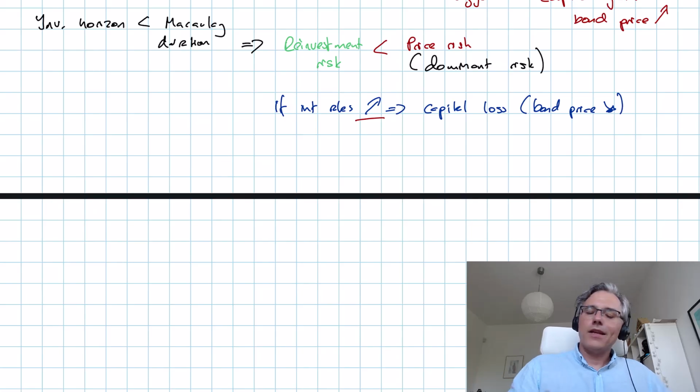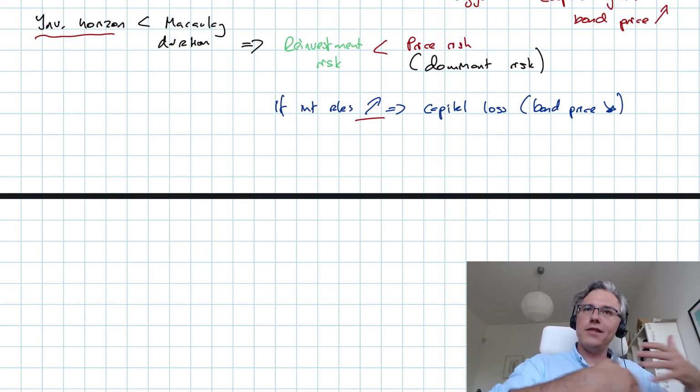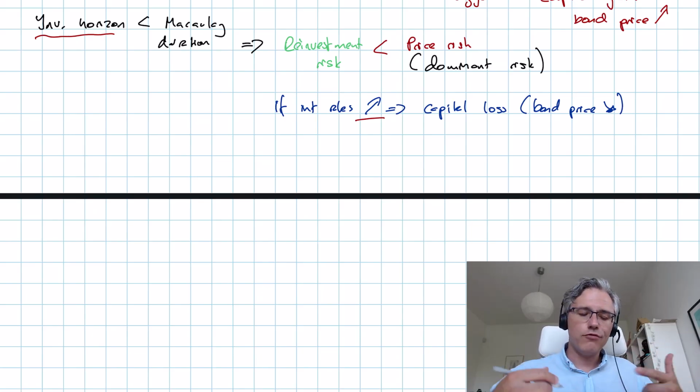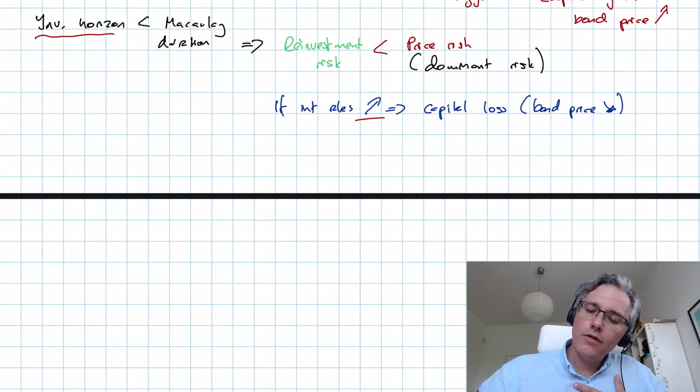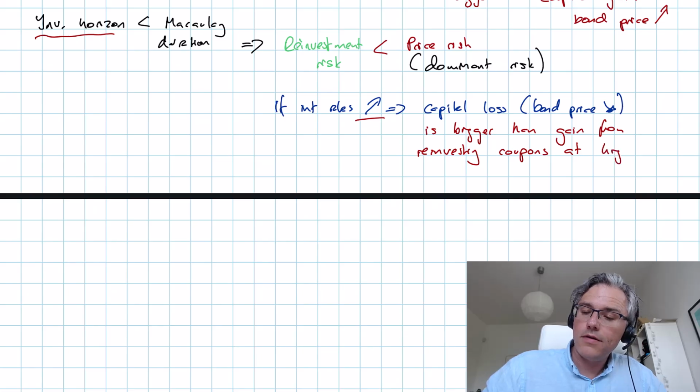Well, if your investment horizon is not long enough, you're not giving yourself enough time for that reinvestment effect at the higher interest rate to really offset the price drop, right? So capital loss is bigger than the gain from reinvesting the coupons at the higher rate.